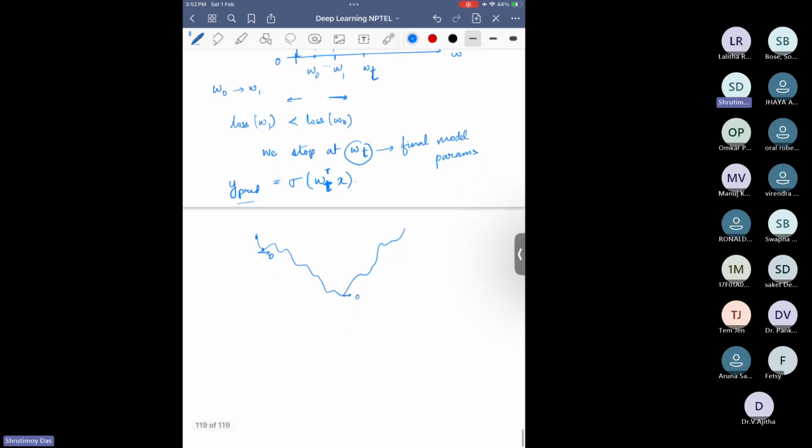So you will not get the optimal set of weights that you want. You will get some suboptimal set of weights. You are locally at the minimum, but this is the global minimum that you want to get, and this is some local minimum.